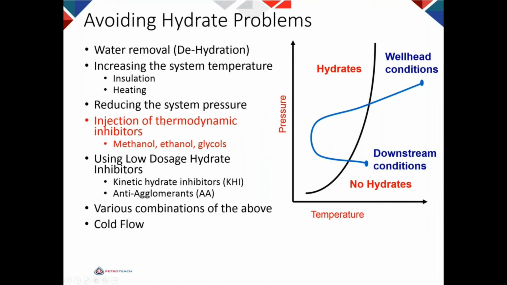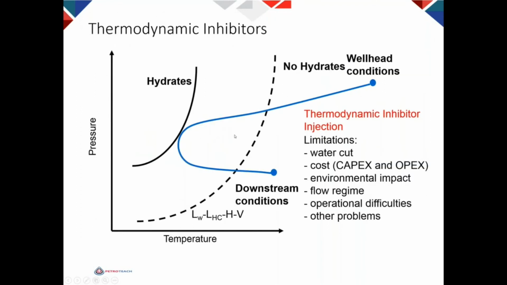Injection of thermodynamic inhibitors, methanol, ethanol, glycol, and other inhibitors, they basically work on the water phase. It's not as dependent on the hydrocarbon phase. So what they do, they basically dissolve in water. When they dissolve in water, some water molecules are busy dissolving them, so we don't have enough water molecules to form hydrate.